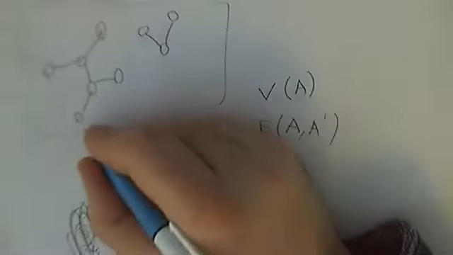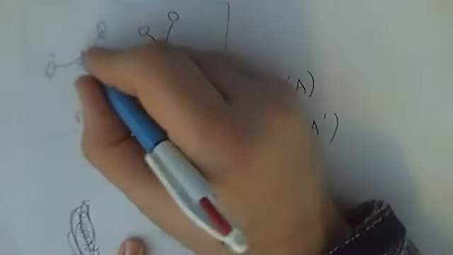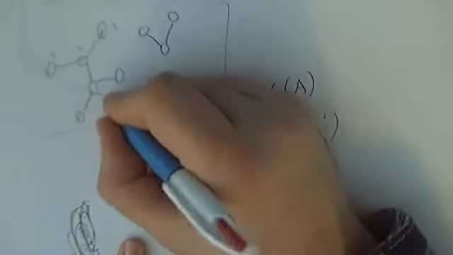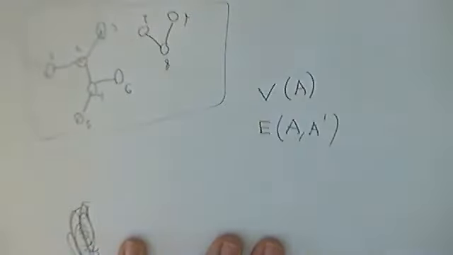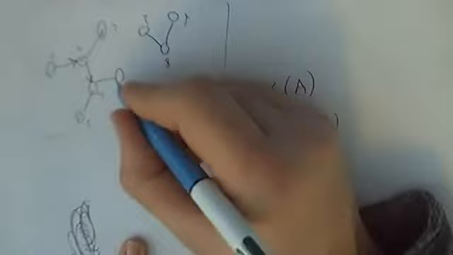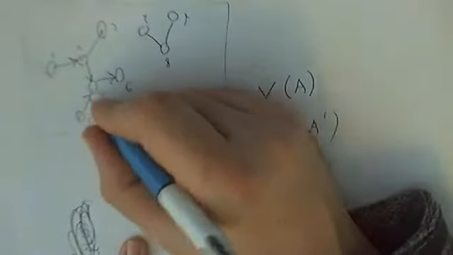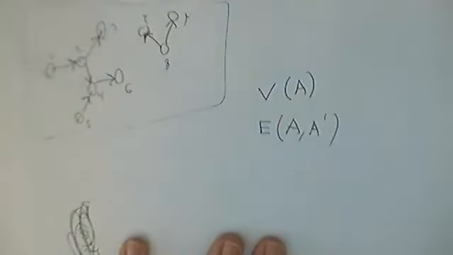Then I'll give these nodes little names: 1, 2, 3, 4, 5, 6, 7, 8, 9. And let's make it a little more complicated. Let's make it directed. Maybe we're modeling some kind of flow rather than some kind of undirected graph.